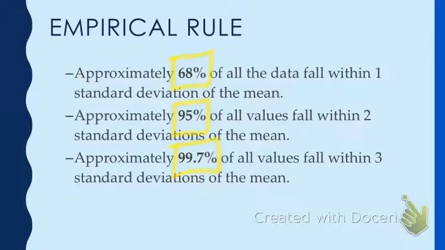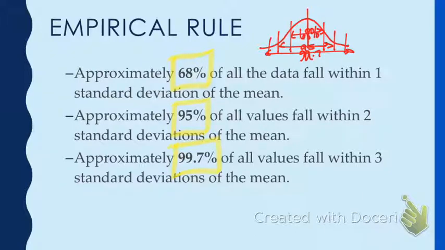So if you look at the picture below, all bell-shaped or normal distributions are centered at the mean. And then if you add 1 standard deviation on each side, that means that 68% of the data fall within 1, 95% fall within 2, and 99.7% fall within 3.